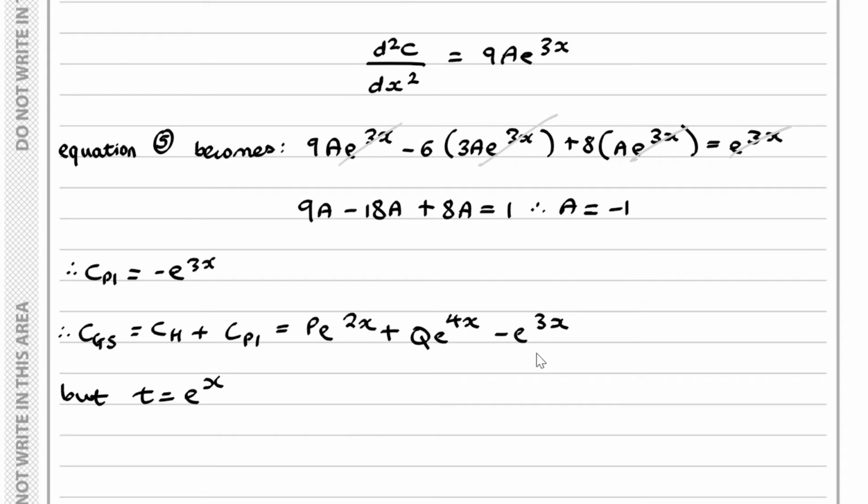And if we substitute back into this equation here, we can therefore see that our general solution is equal to qt to the 4 plus pt squared minus t cubed. Okay?